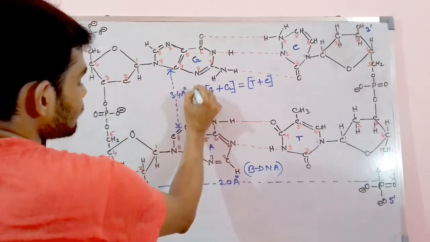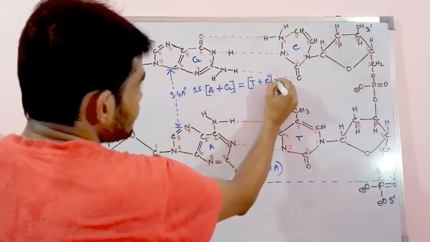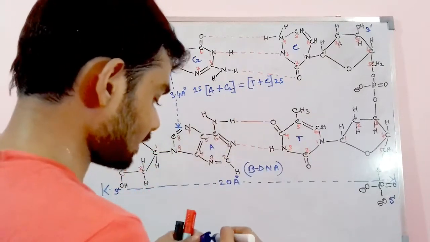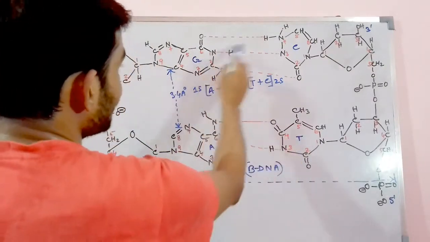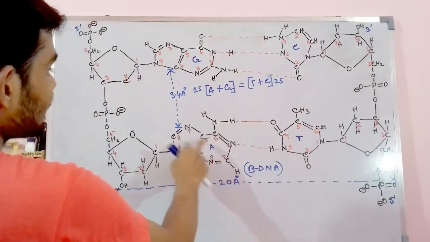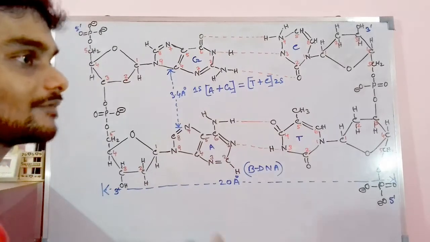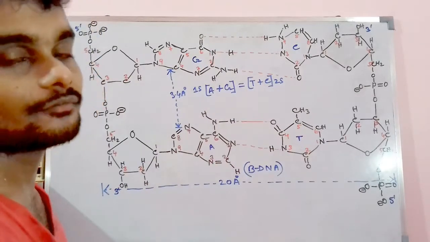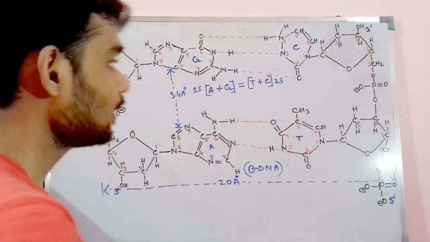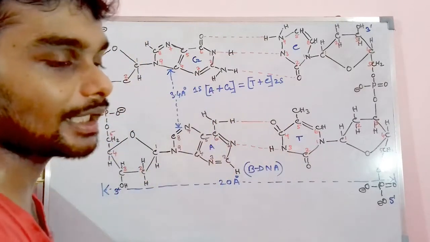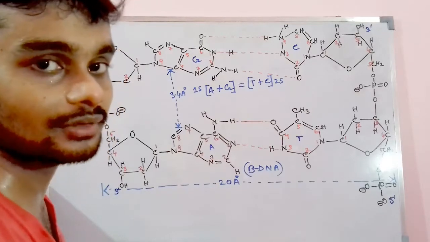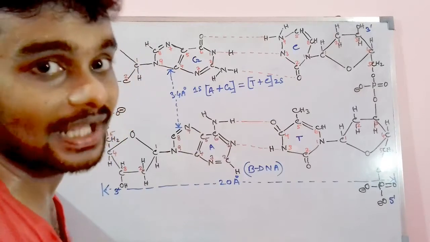This is the first strand and this is the second strand. Why? Because adenine is pairing with thymine, and guanine is pairing with cytosine. Suppose the number of adenine in one strand is 10, then the adenine will pair with 10 thymines present in the other strand. And suppose the number of guanine in one strand is 5, then the guanine will pair with 5 cytosines present in the other strand.